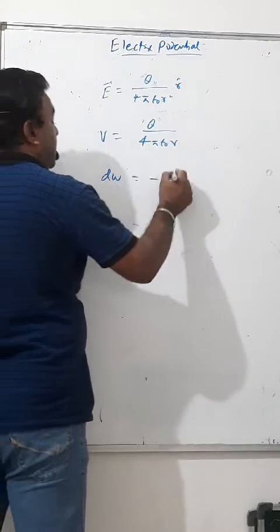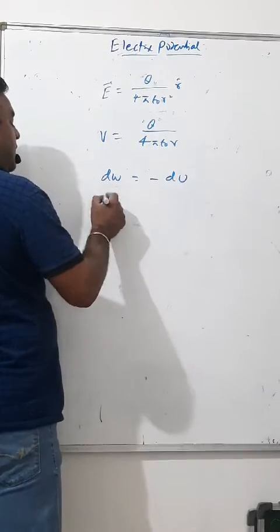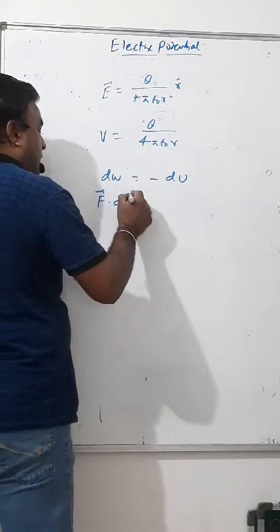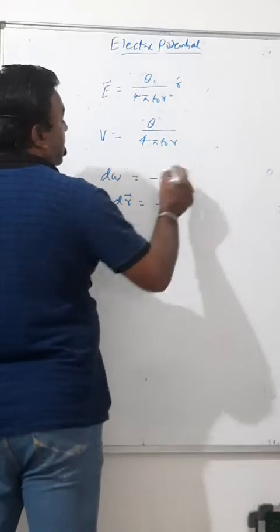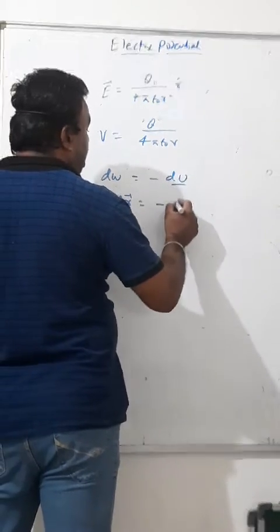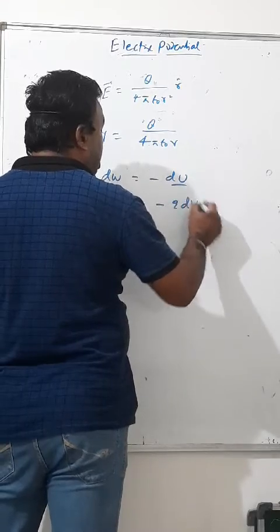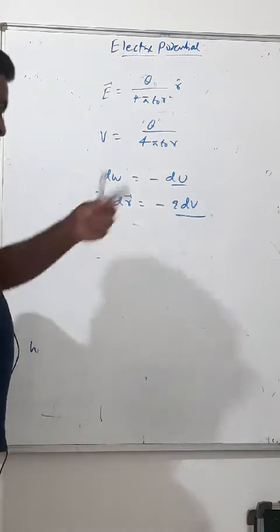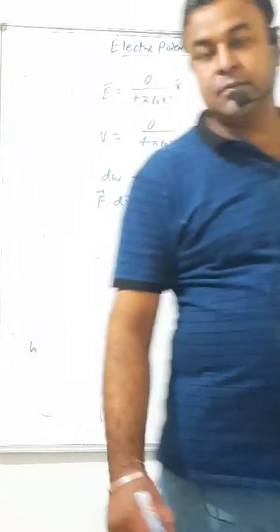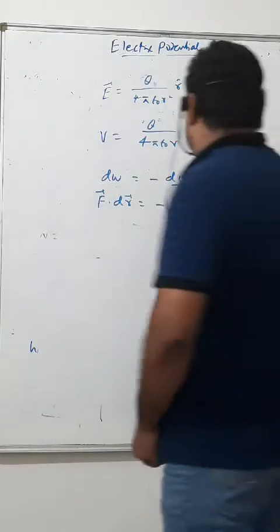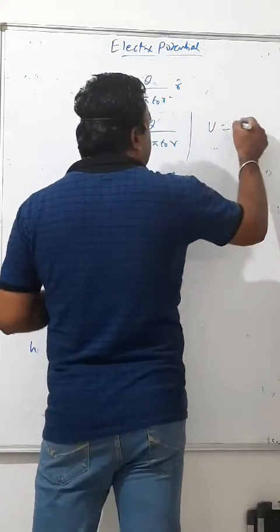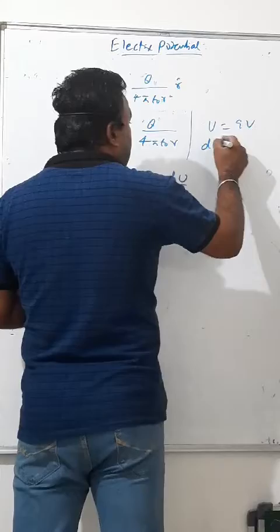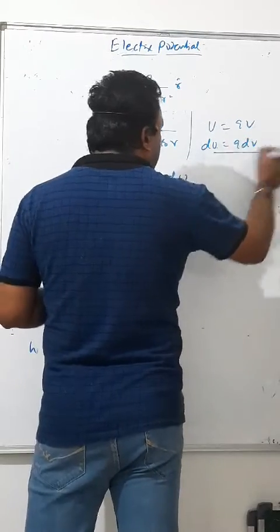dW equals minus dU, it is F dot dr, and this dU is Q dV. You can understand very easily now. I have given you just an example that U equals QV, then dU equals Q dV.